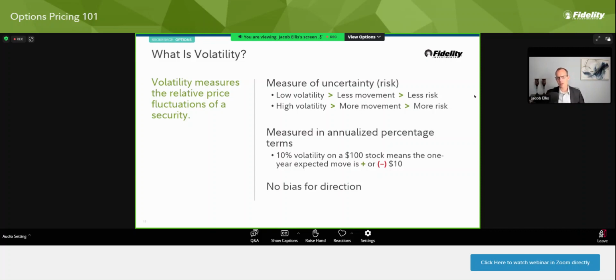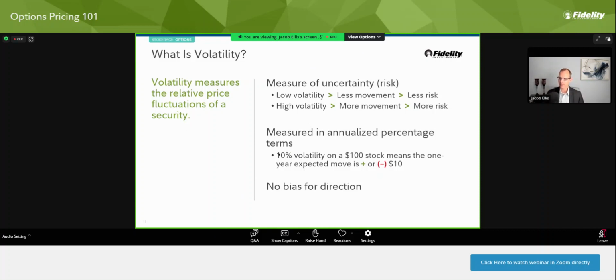The first thing is, like I mentioned once before, when you look at a volatility number, it will say 10% or 25% or some percentage number. That volatility is measured in annualized percentage terms.